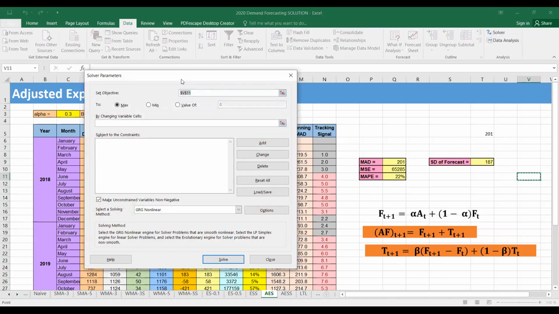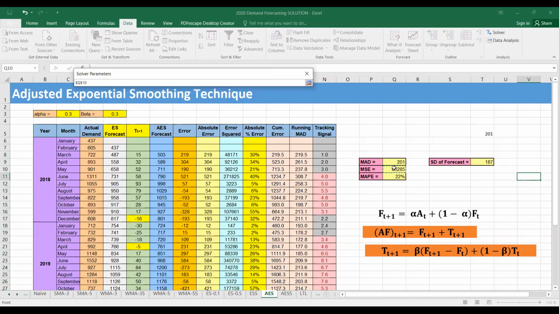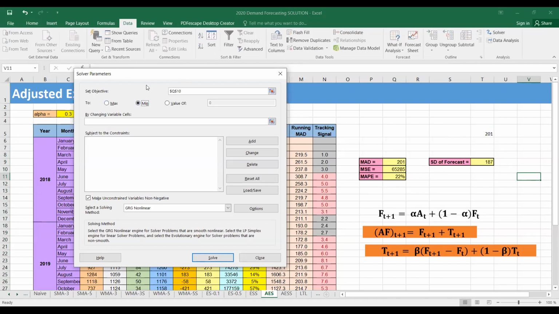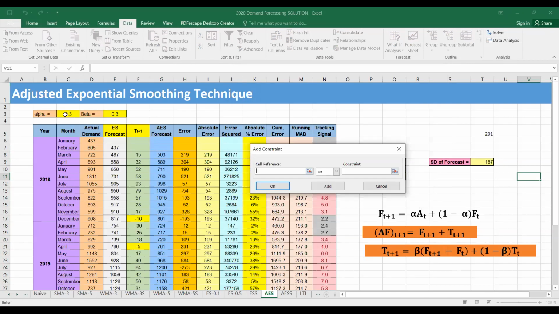Using the Solver function, again, our objective function is to minimize MSE, mean squared error. The variables are alpha and beta. In constraints, we will set alpha to be less than or equal to 1, and alpha should be greater than or equal to 0. Similarly, beta should be less than or equal to 1, and beta should be greater than or equal to 0.